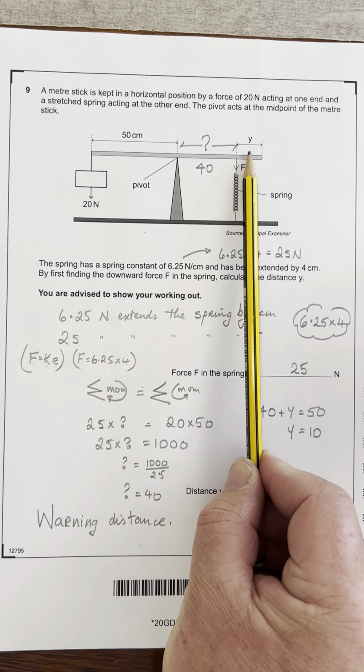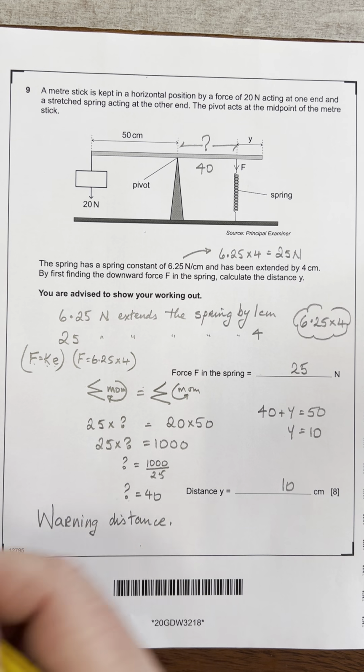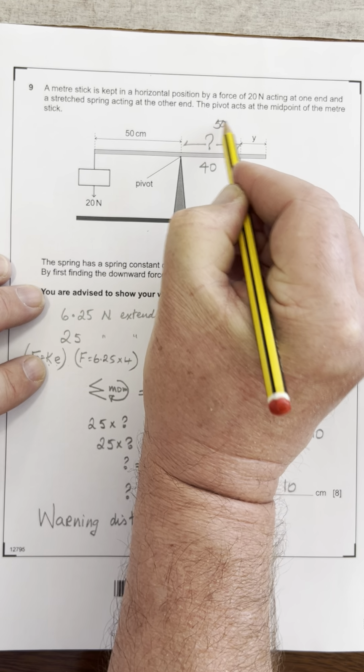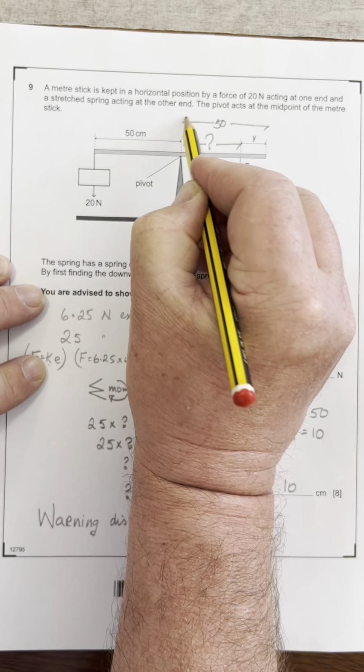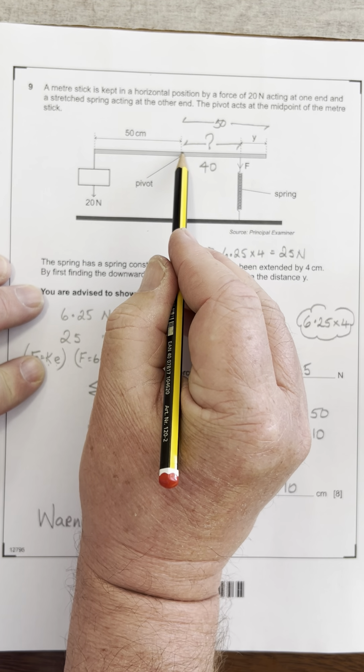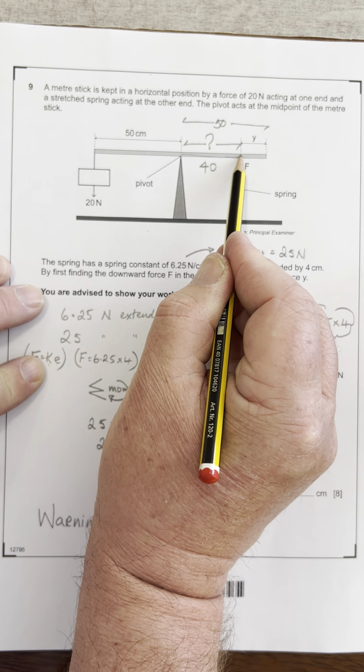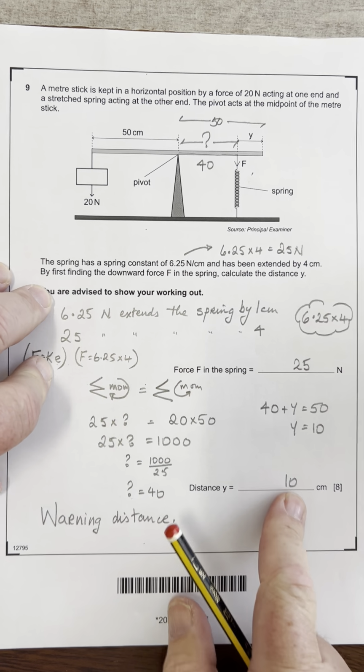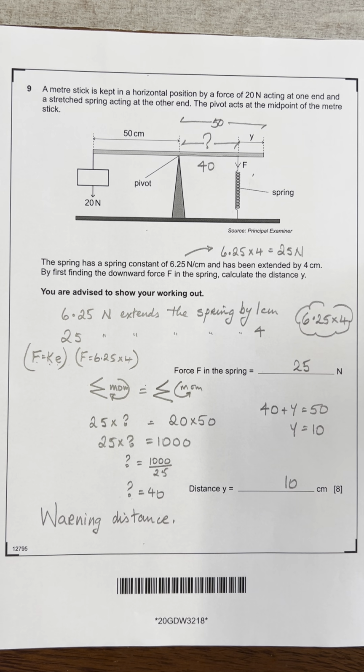They want that one. We know that that's 50. I keep telling you, they're not your friend. We have worked out the distance from the pivot is 40, so that's 10. See the slippy one at the end. How many marks do you get for it? You lose a mark if you don't get 10. Read the question. So let's get back to where we are.